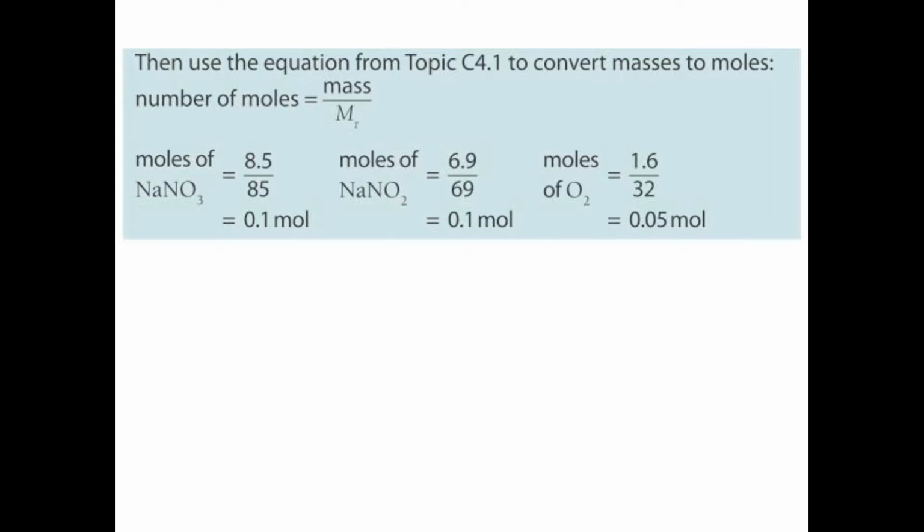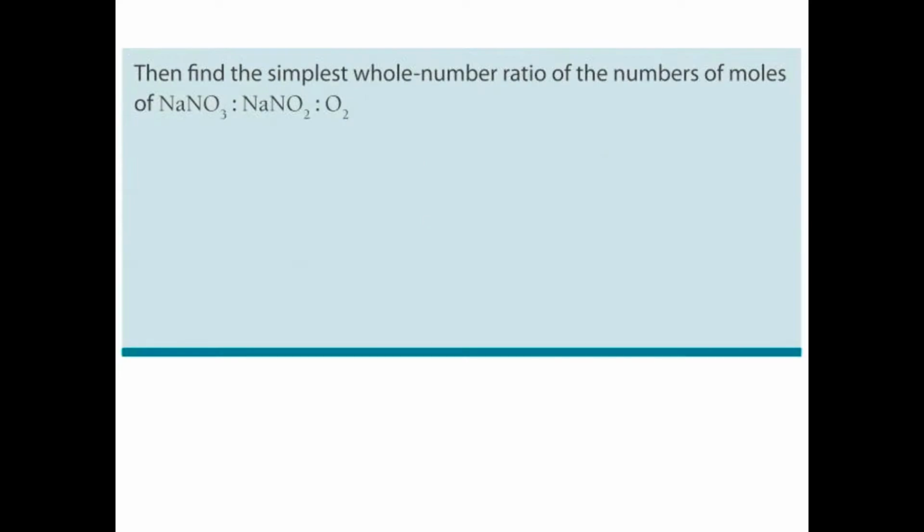What's the next step? We're going to find the simplest whole number ratio. Now, these are the ratios we've discovered. They're not whole numbers. We're going to find the simplest whole number ratio of the numbers of moles of these three different molecules. So we've already worked out that the numbers of moles for the three things are in this ratio, 0.1, 0.1, 0.05.